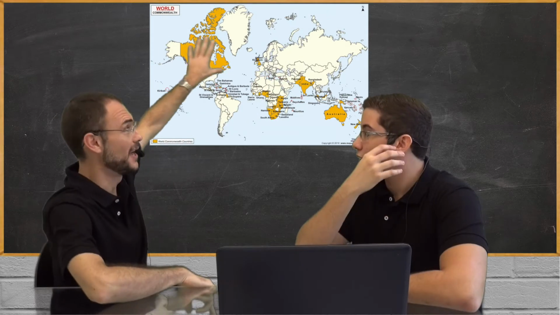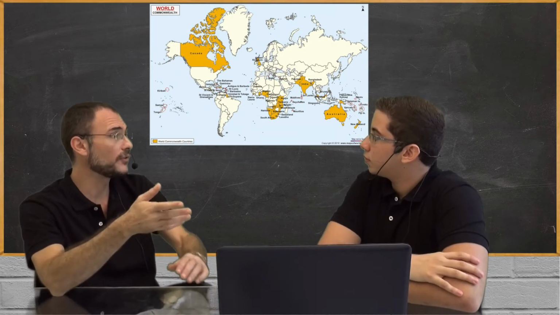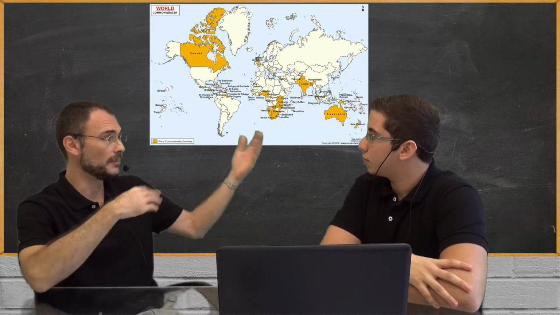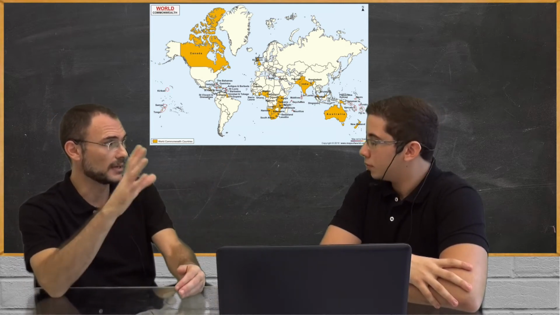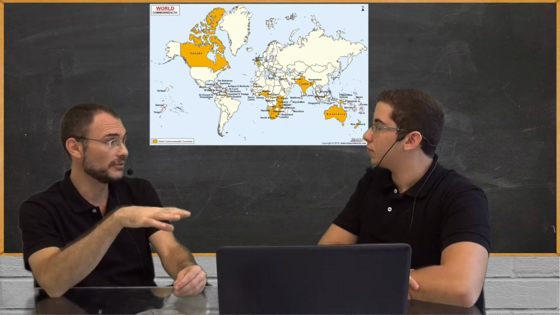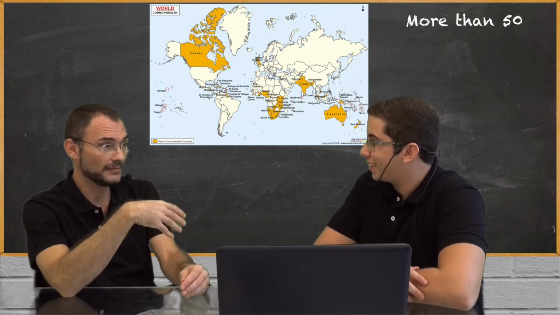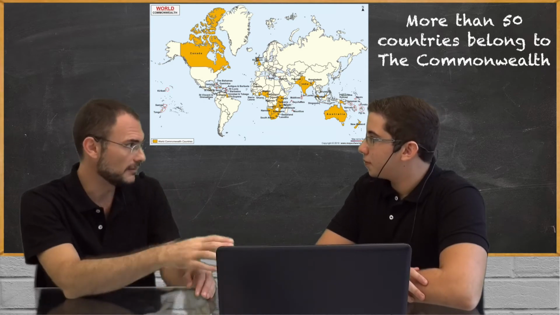Take a look at the world map here, because it varies a bit, every year we've got countries coming in and out of the Commonwealth. According to my last research, Nigeria was out, so it should be 53 at the moment, but next year Nigeria may be in again, and then it's 54.